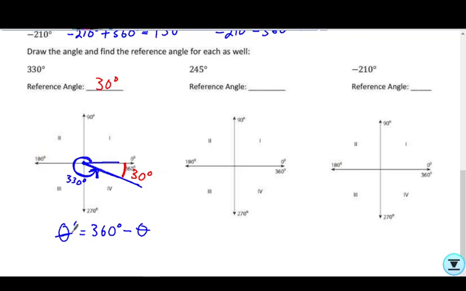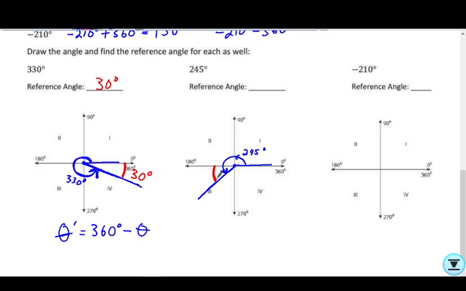So 245 degrees, again starting in standard position. A positive angle means we're going this direction. This is 180 when we get here, and 245 is somewhere right in here. So this is 245 degrees. My reference angle is this piece right here.